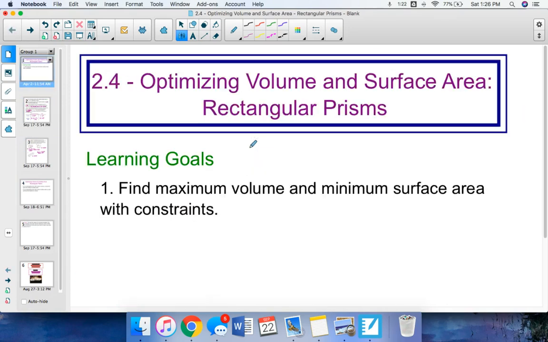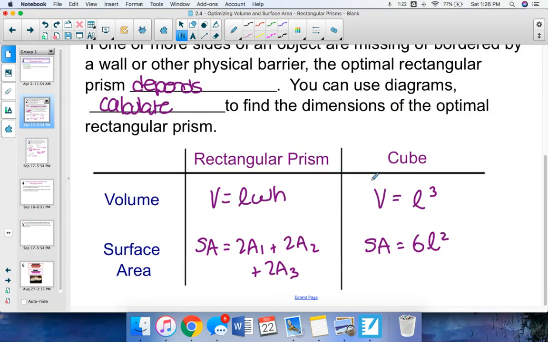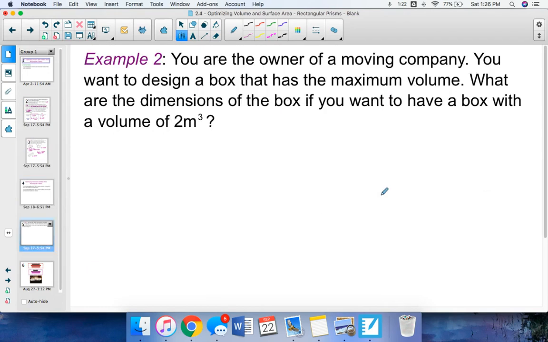Our formula for volume of a cube is V equals L cubed. We know our volume. That's our goal. So 2 equals L cubed. And then we just take the third root of 2.